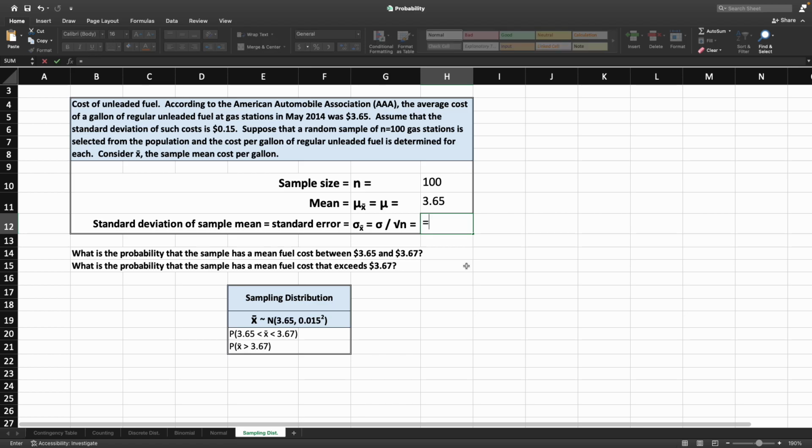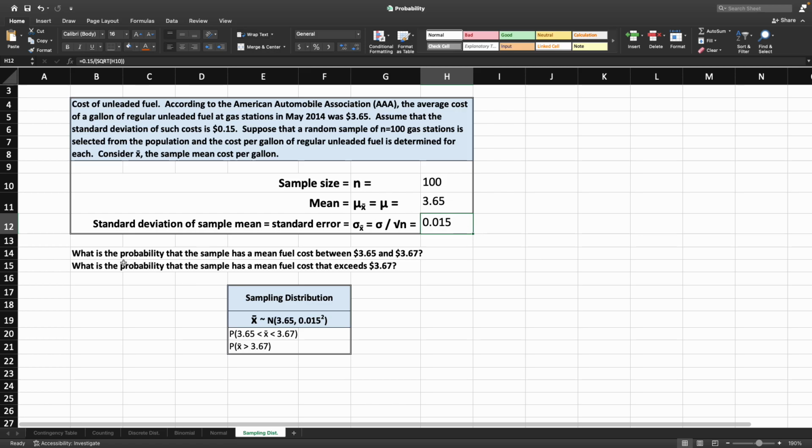So our standard deviation is given to us as 0.15, so 0.15 divided by, I'm going to open a parenthesis, because I know that when we're dividing and using functions, it's always better to use more parentheses than fewer. So SQRT for square root of 100. So I'll just click on 100, close parenthesis for square root, close the parenthesis for the denominator, hit enter, and we get 0.015. So this is our standard error.